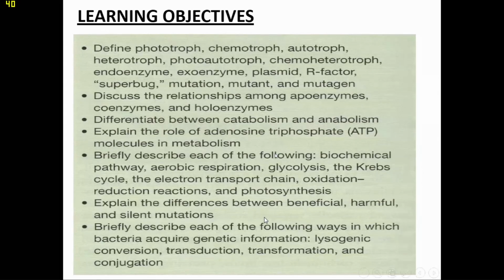And then through genetics, we are going to go through the meaning of beneficial, harmful, and silent mutation, and describe the different ways of bacterial genetics: lysogenic conversion, transduction, transformation, and conjugation. These are the themes of the two lectures.